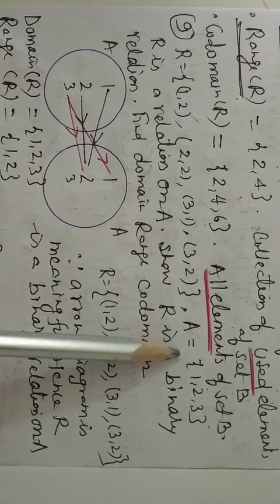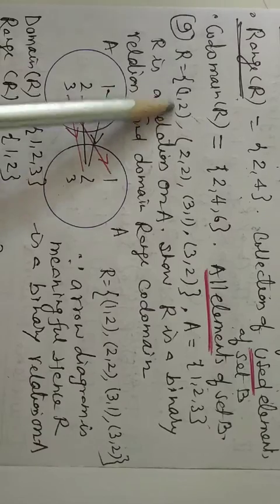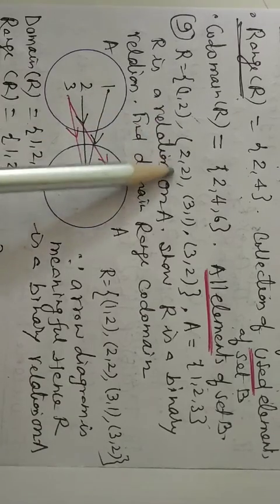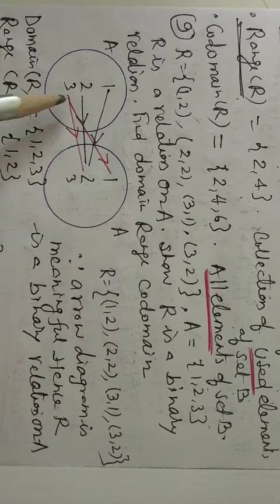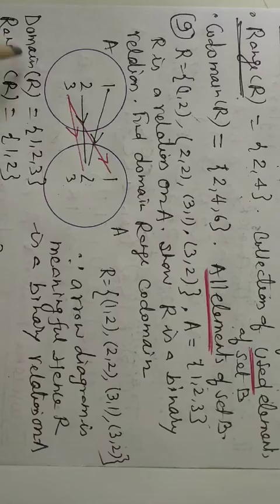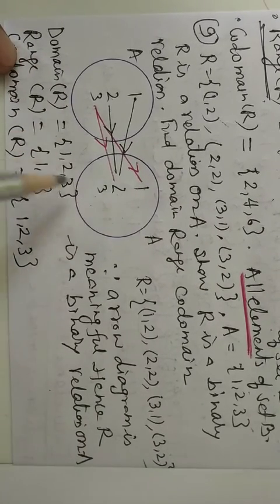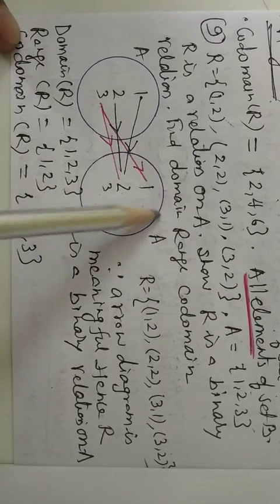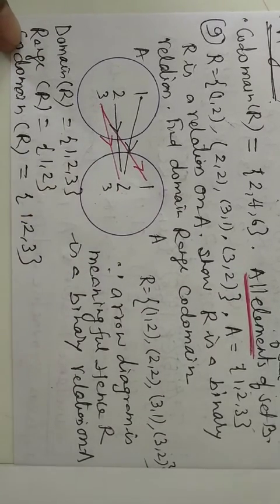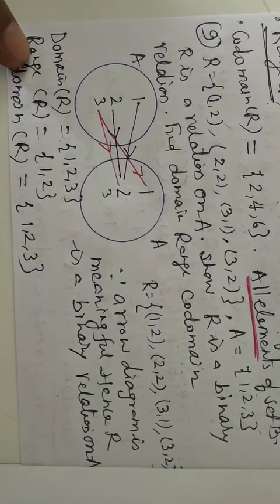Only one set is here, A. Now follow the instruction. 1 goes to 2, 2 goes to 2, 3 goes to 1, 3 goes to 2. Now just see, all are used in the first set, so the domain of the relation is 1, 2, 3. In the range only 1 and 2 are used, so the range is 1, 2. And in codomain, all of the second set is called codomain. So the next part will be taught later on.